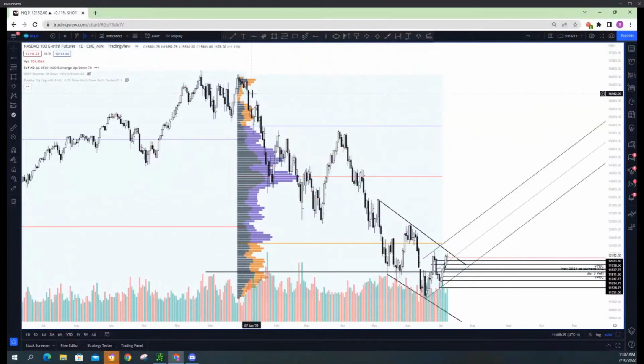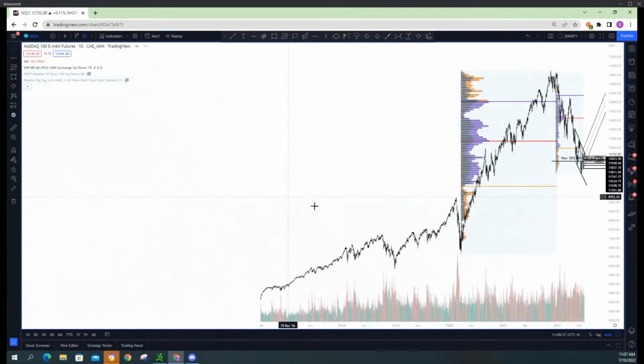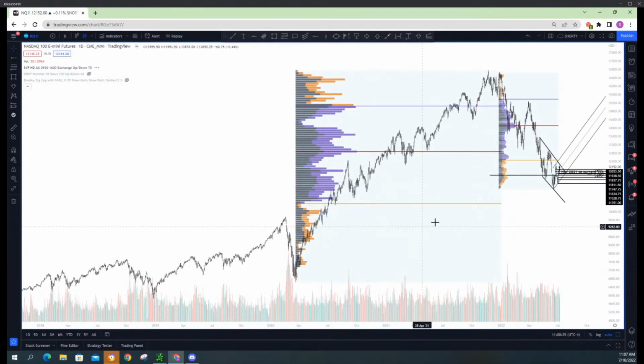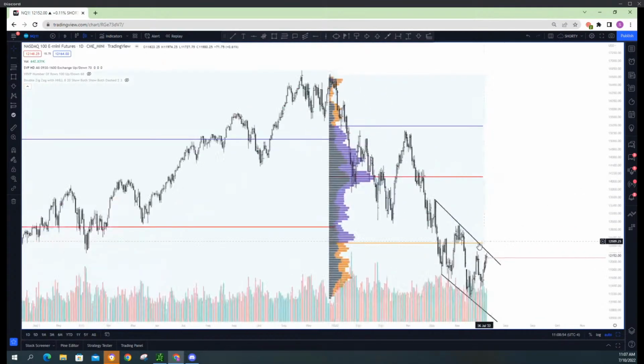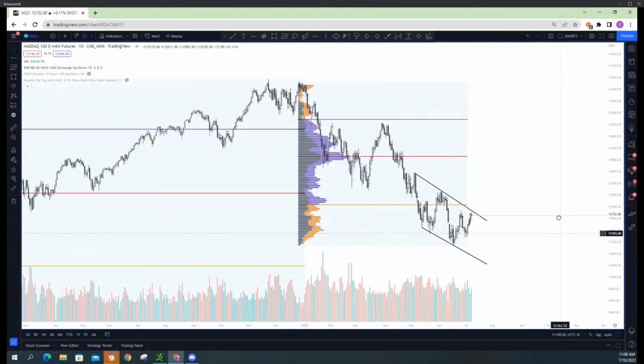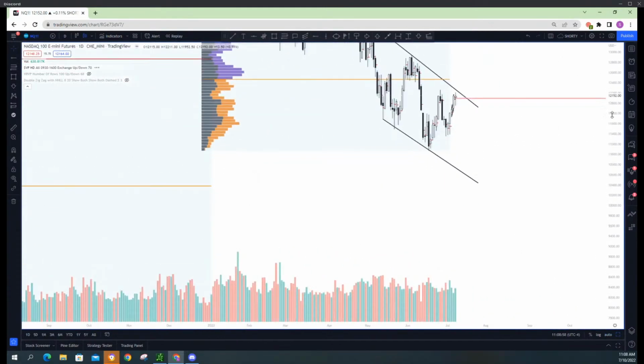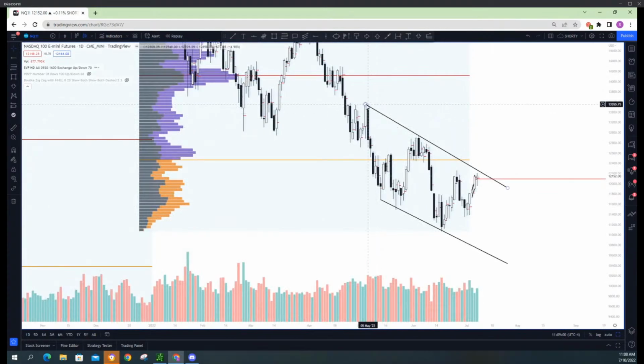So here's your NQ, same run here that we had from here to here. I don't want to delete these. Maybe I should delete these. Okay, so we have a nice little channel.